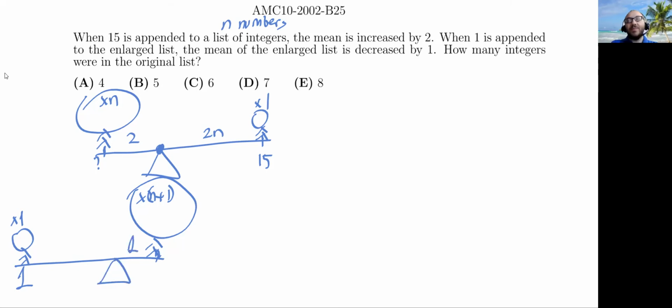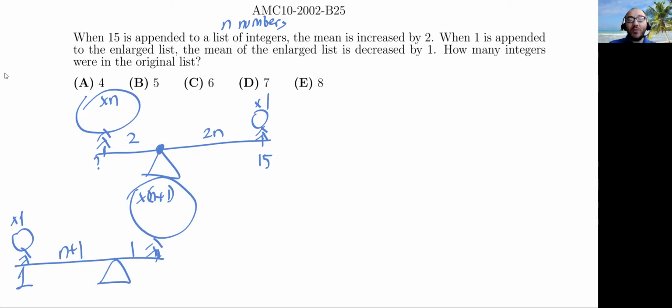So the distance here is 1. Now the same fact, weight times distance equals weight times distance on both sides. n plus 1 times 1 equals 1 times n plus 1. So this distance on the left to the fulcrum point should be n plus 1.